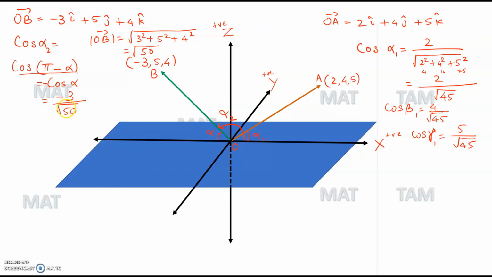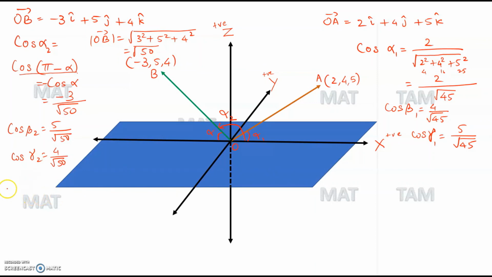To make it simple, you take the value minus 3 and divide it by the magnitude of OB, then you get your direction cosine. Similarly, our cos beta 2 will be 5 by square root of 50, and cos gamma 2 would be 4 by square root of 50.